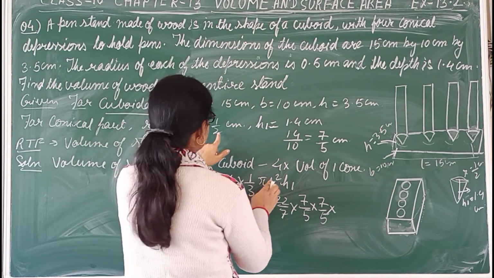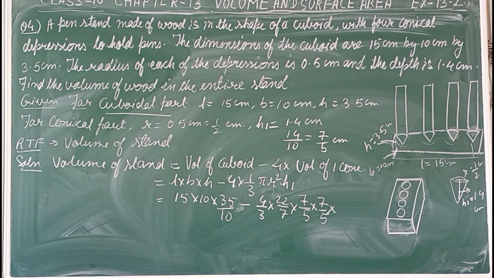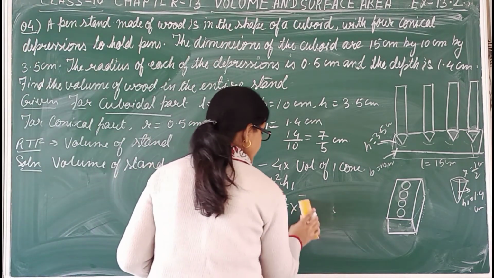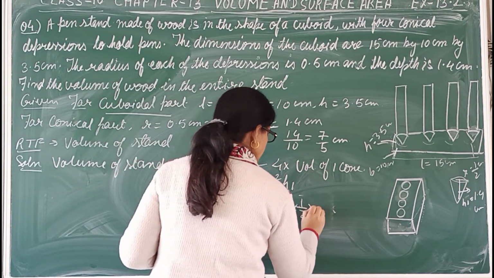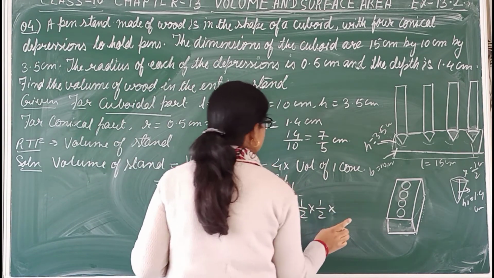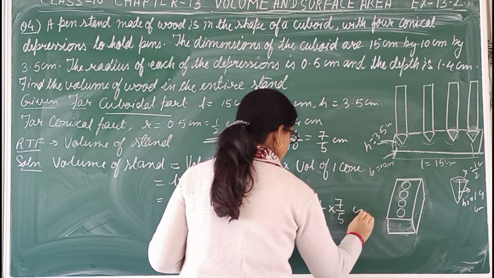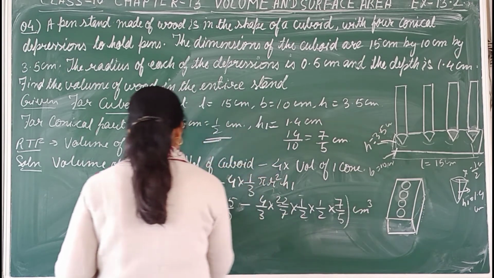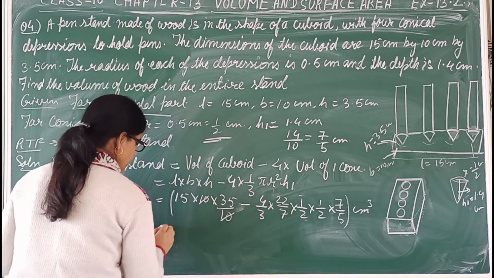Sorry, r value is half. Here it is. r value is half into half and h value for the conical part is 7 by 5 centimeter. Now simple, you have to solve it, and for the solution part, please do it on your own.